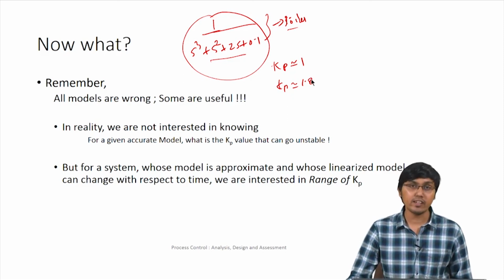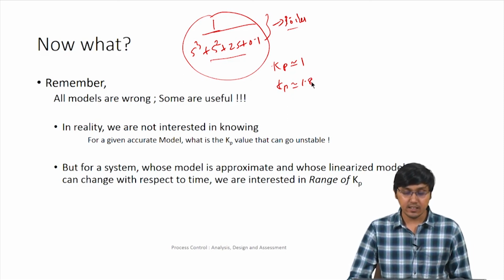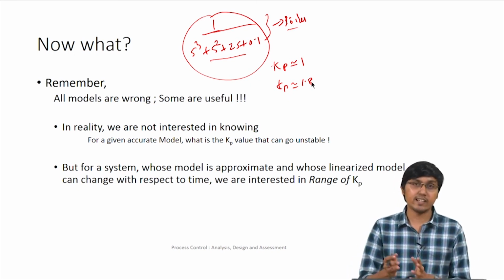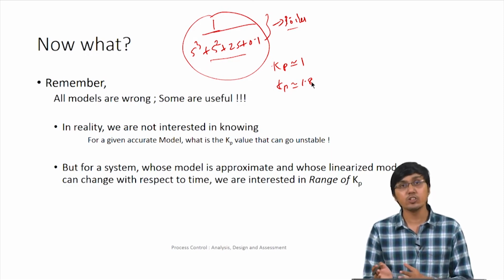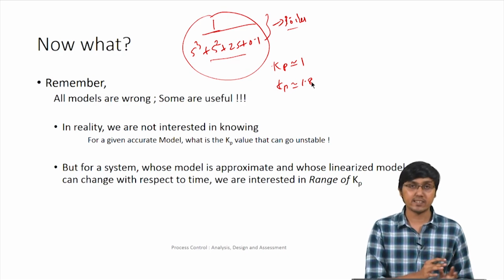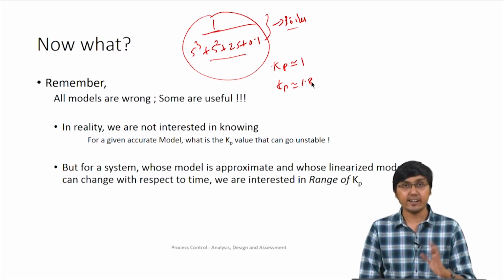This is when we go for frequency response analysis, which we will see in the future lecture. We are going to take the frequency response analysis we have done, the Bode plot, etc., and see how it is useful in stability analysis. That is what we will see in the next lecture.